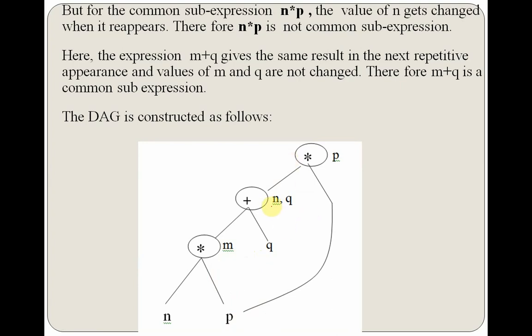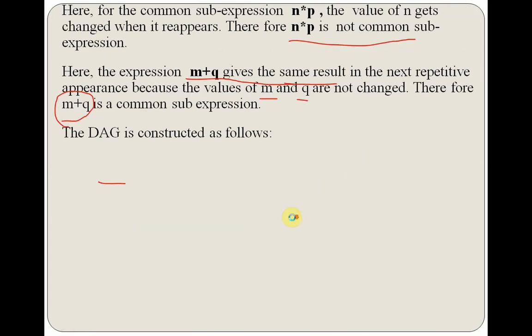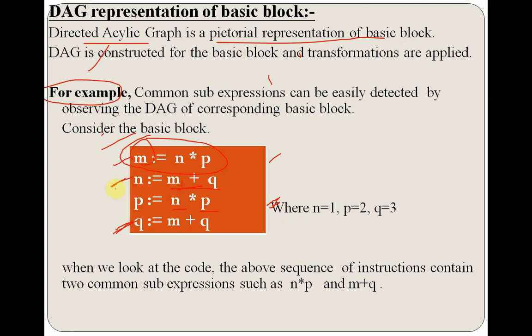So why we have mentioned n and q here: n equal to m plus q and q equal to m plus q. See the original statements. n equal to m plus q as well as q equal to m plus q. These two are common sub-expressions.